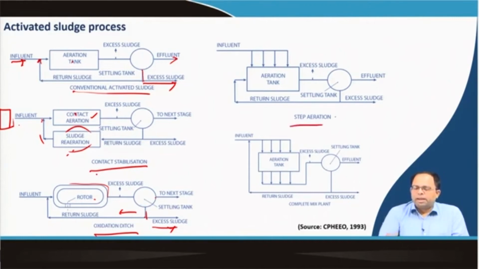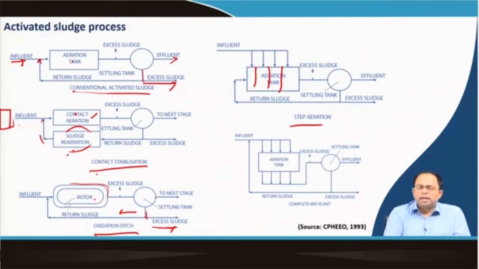Then we have step aeration, and in this case you are seeing the influent is coming down through multiple channels. So, basically there are multiple channels in the aeration tank, and usually the return sludge is mixed within this aeration tank, and because we are taking the influent from multiple channels, there is more thorough mixing.